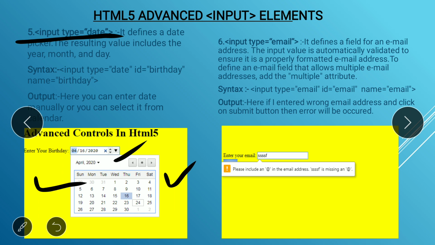You can see there is a drop down list. When you click on that drop down list arrow, then you can see that calendar. Okay, and there are two arrows also. Using that you can set the date, month, year, right?